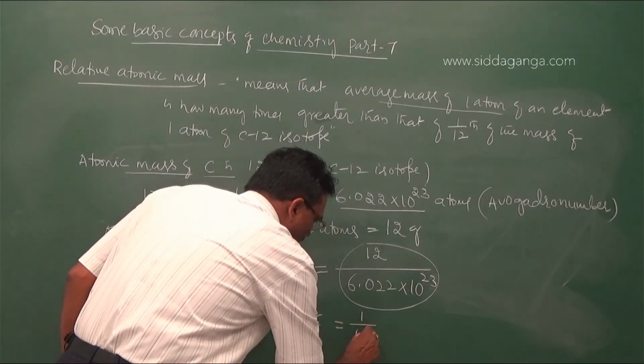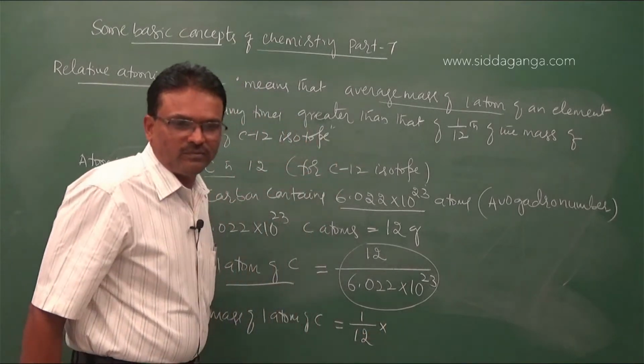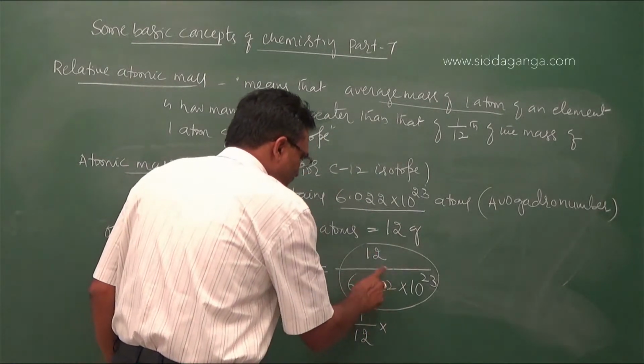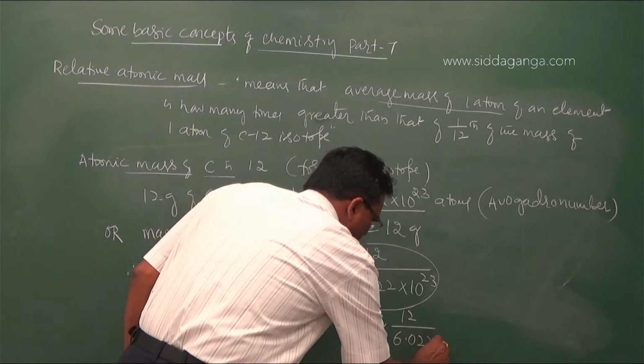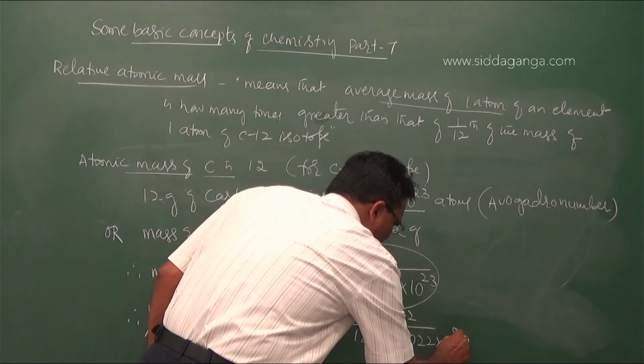So 1/12 into 12 divided by 6.022 into 10 to the power of 23.